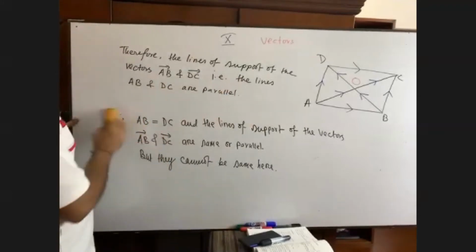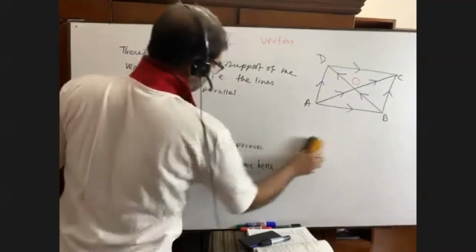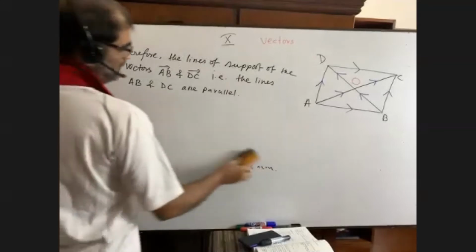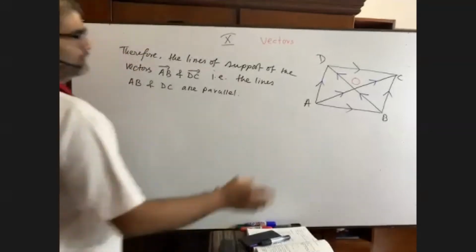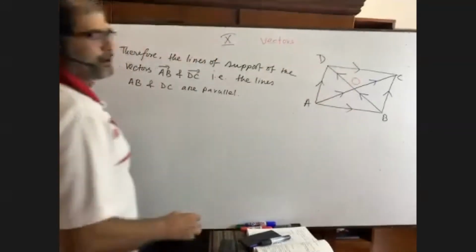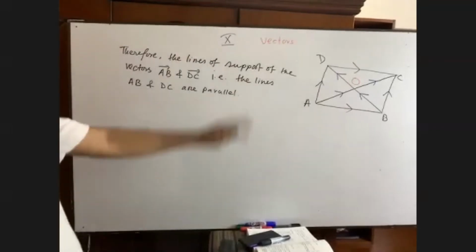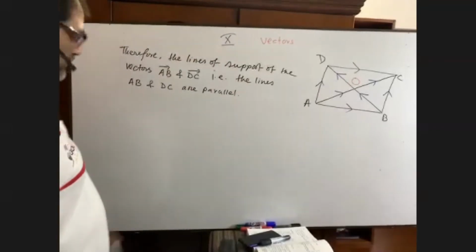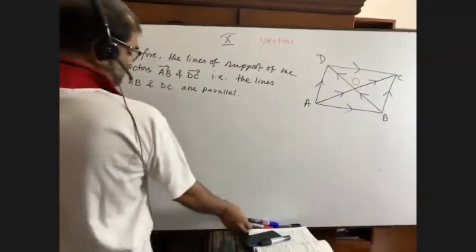What is the definition of a parallelogram? The pair of opposite sides will be equal and parallel. That means AB and DC, a pair of opposite sides, are equal and parallel. I have proved it.